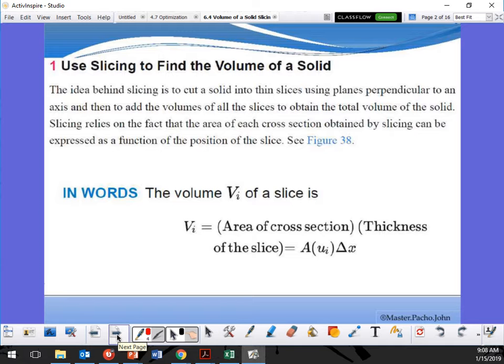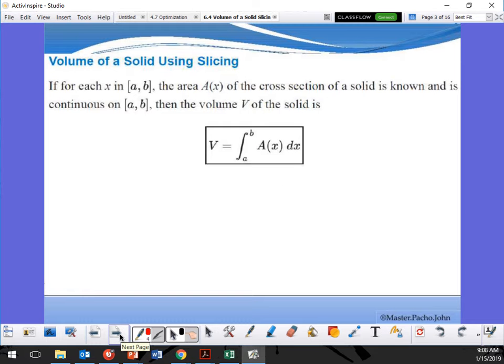The area of a cross section times the thickness would be the area of the whole thing. The thickness is going to be my delta x, right? And the area of the cross section is whatever shape that is, right? Here's the formula, from a to b, of however big something is, right?